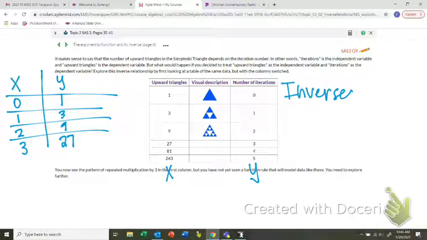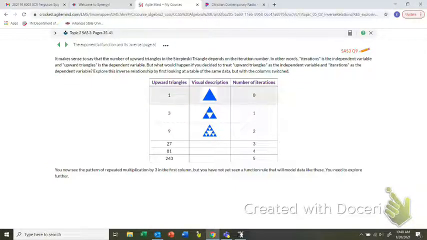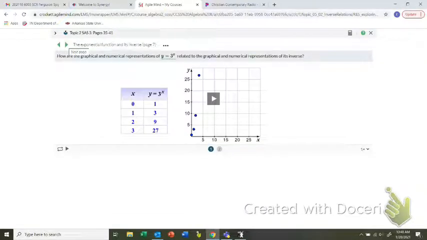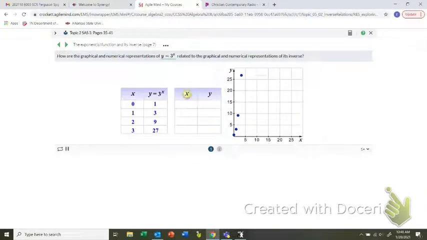So take a minute and fill out that chart on number 9. All you're doing, remember, is swapping the columns. You are swapping the values, okay? All right, and if you click to the next page, it will show you the same thing.